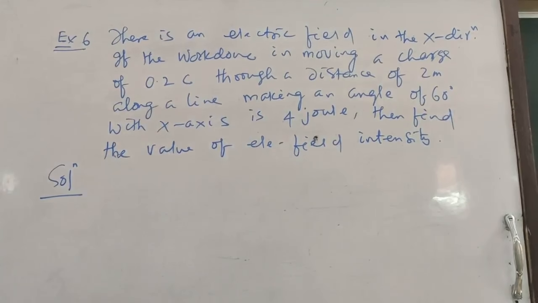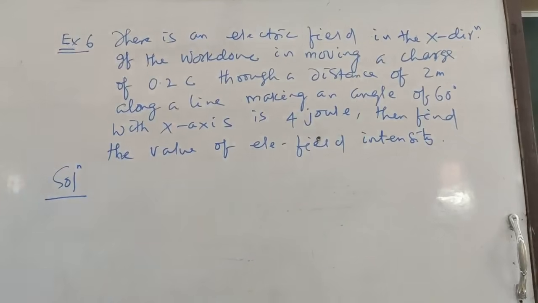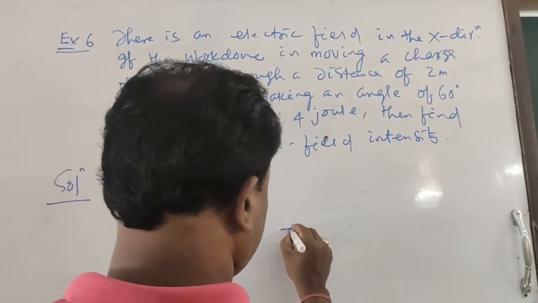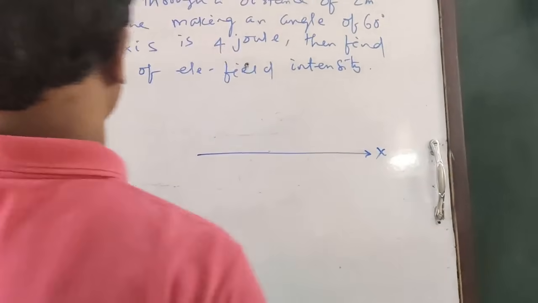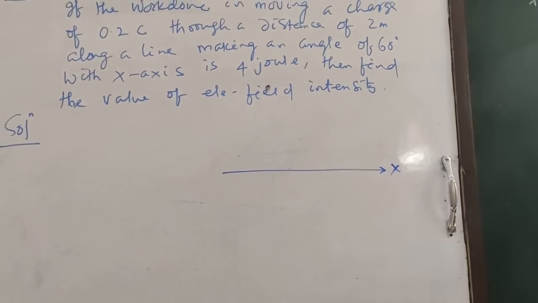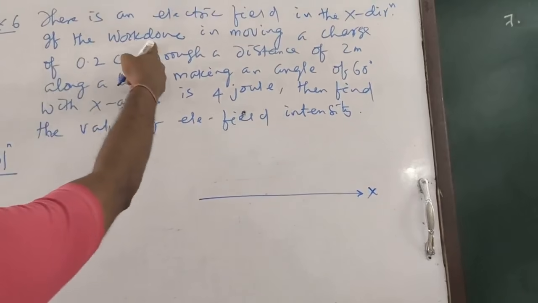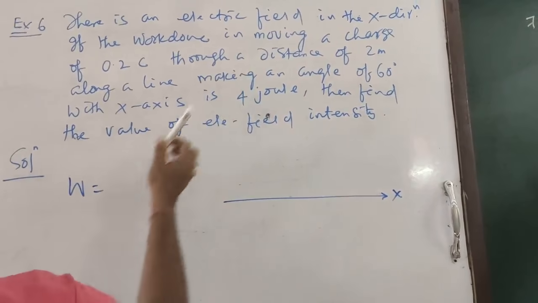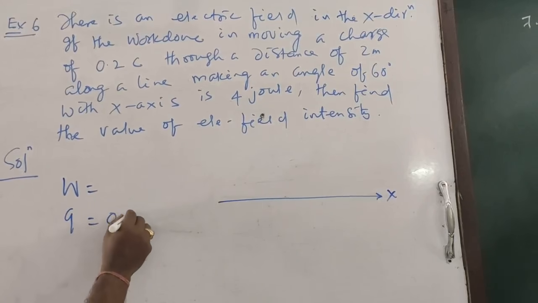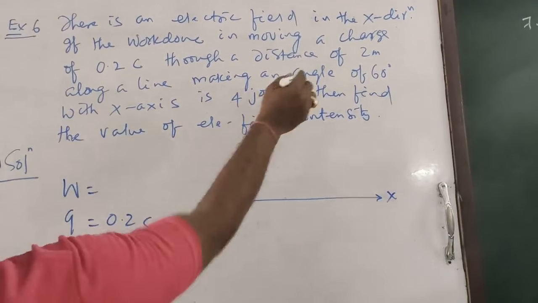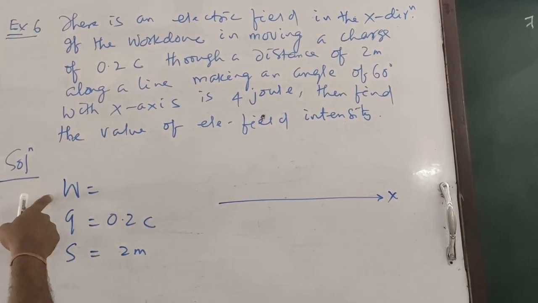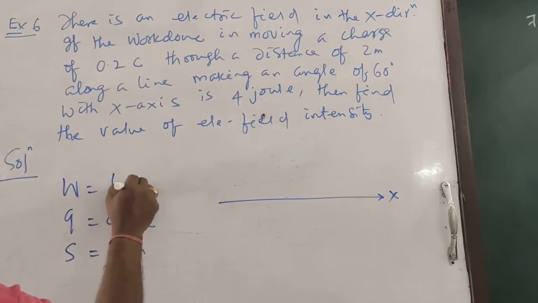Another example, say there is an electric field in the x direction. Suppose this is the x direction. If the work done W in moving a charge, suppose Q is equal to 0.2 coulomb, through a distance is 4 joule.